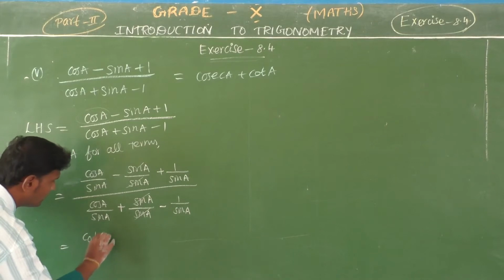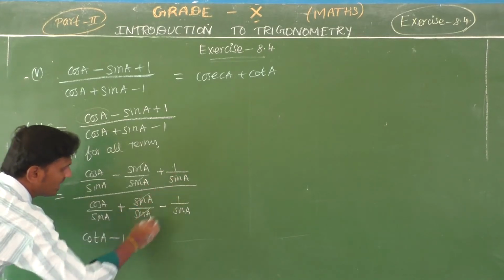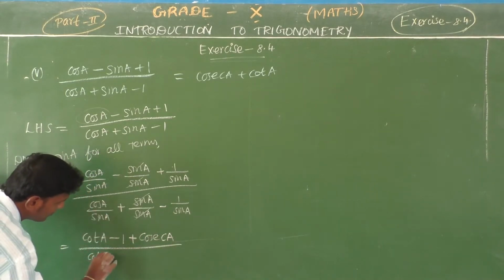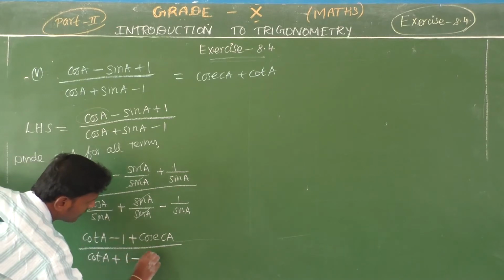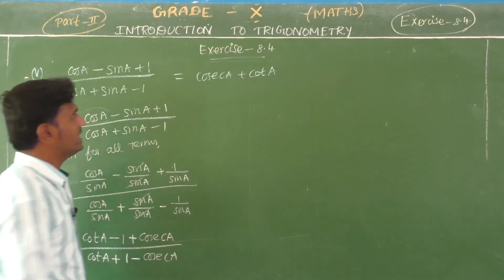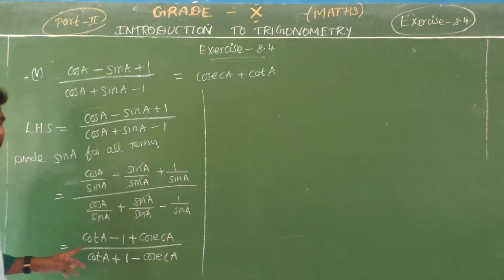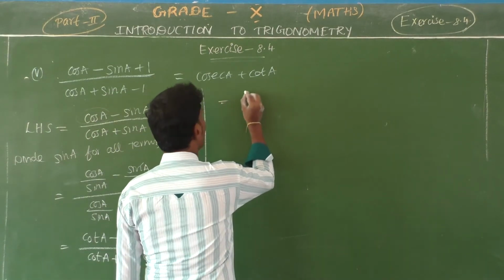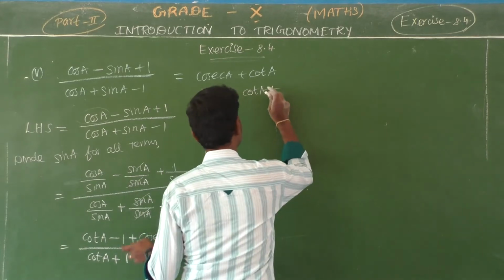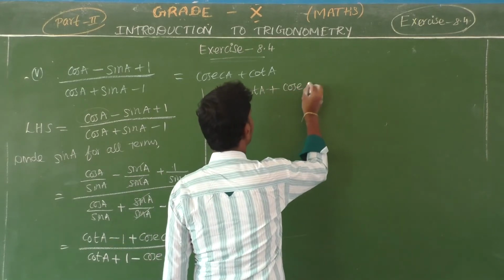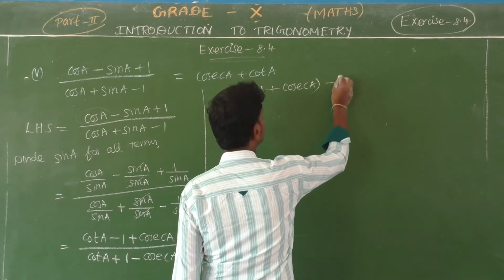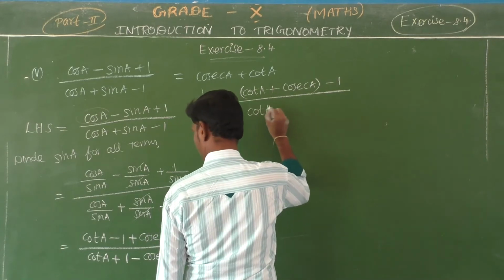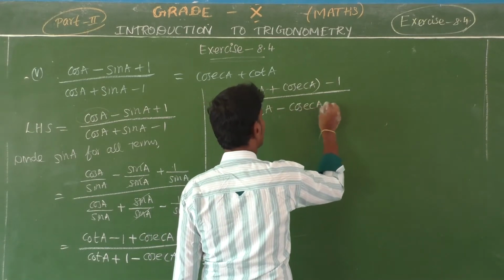Now cot A minus 1 plus 1 by sin A is cosecant A. So the whole divided by cos by sin, the same cot A, plus 1 minus cosecant A. Here I am going to take the terms to one side: cot A plus cosecant A minus 1, the whole divided by cot A minus cosecant A plus 1.